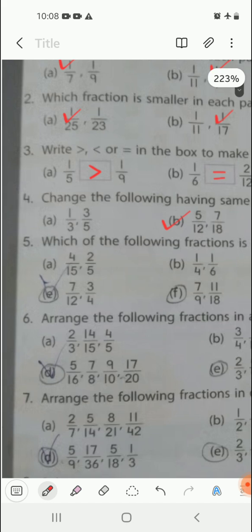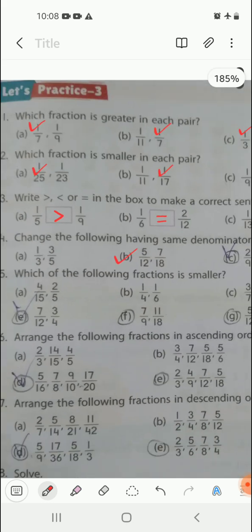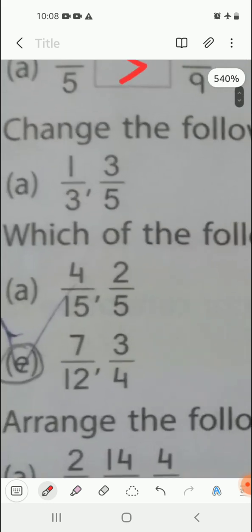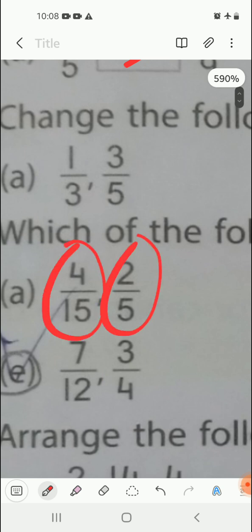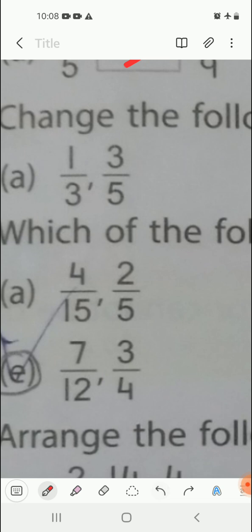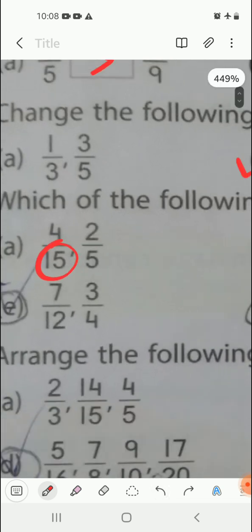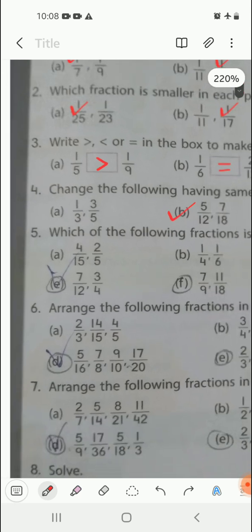Moving on, we will be doing this. Which of the following fractions is smaller? As I told you, 4 by 15 and 2 by 5. So we are going to find the LCM of 15 and 5. The LCM will be 15 because 5 into 3 is 15.